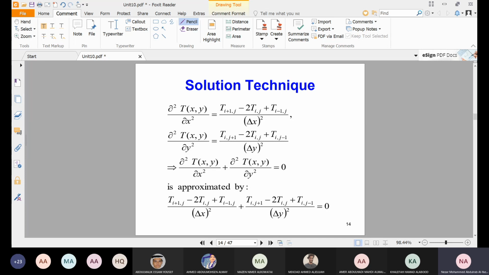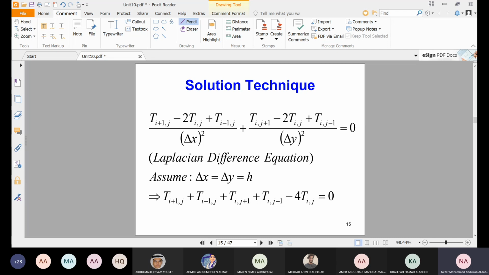To simplify this, we assume delta x equals delta y and this equals h. So if we have delta x equal delta y equal h, in this case, if we multiply both sides by h, we cancel this term. These terms are common between the two equations. We can combine them because these two terms represent the node of interest that we want to compute the temperature on. So after that, we can rewrite the equation.